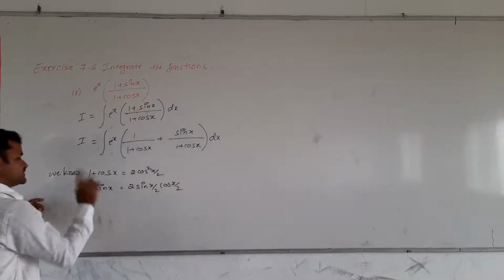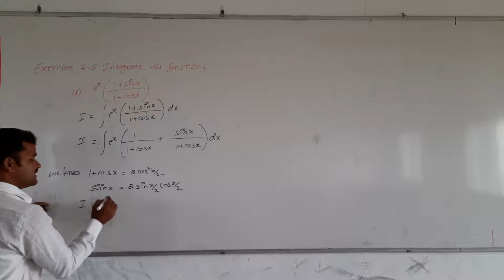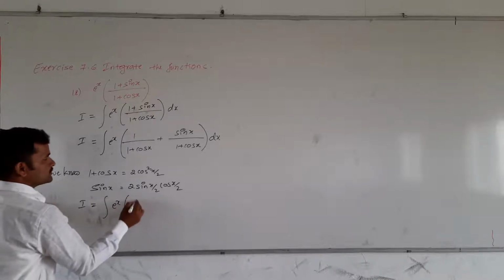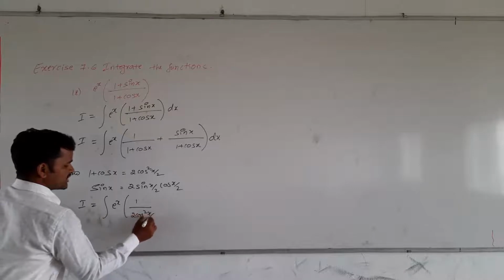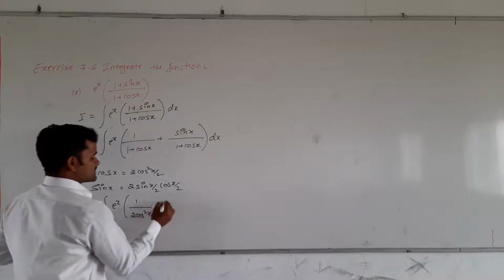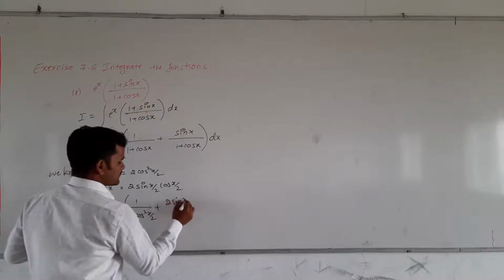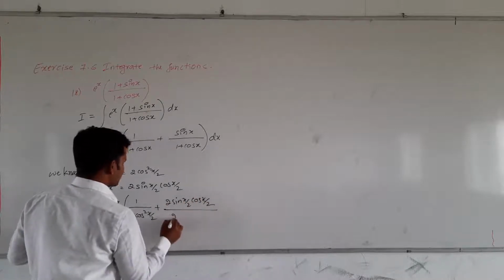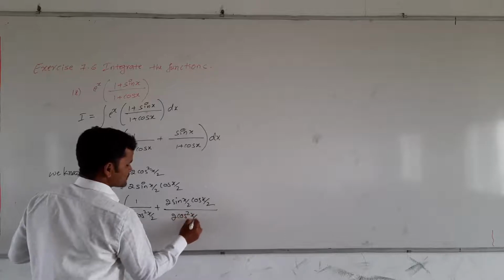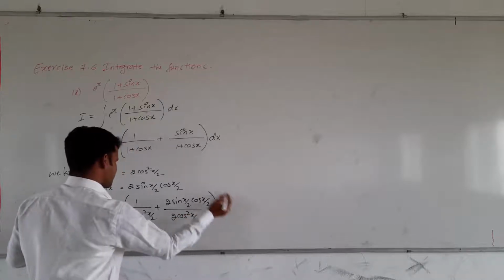I is equal to the integral of e raised to x into [1 divided by (1 plus cos x), which we write as 2 times cos square x by 2, plus sin x, which we write as 2 sin x by 2 into cos x by 2, divided by 1 plus cos x, which we write as 2 times cos square x by 2] dx.